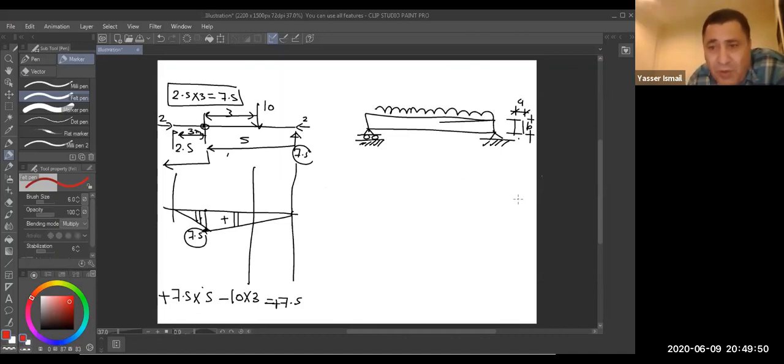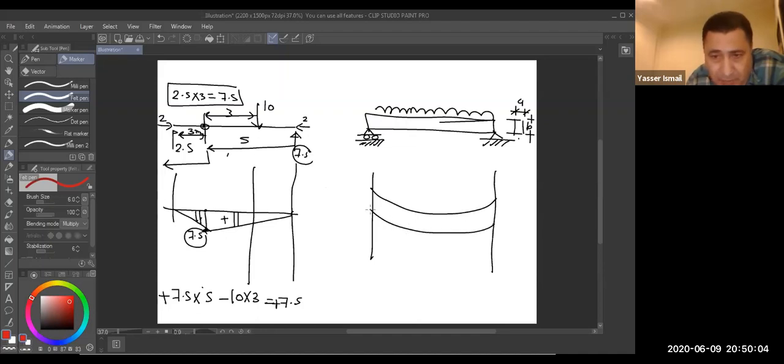Due to this load, what is your opinion about the deformation? This beam will take this shape. Come to the middle of the beam. In the upper fiber here, is the fiber in compression or tension due to this load? The beam will bend in this direction, and I have reaction R1 and reaction R2. So the lower fiber here is in tension.